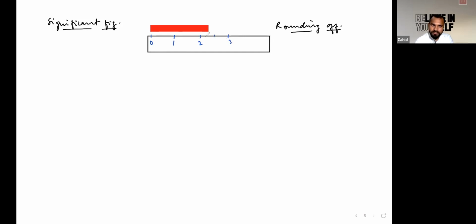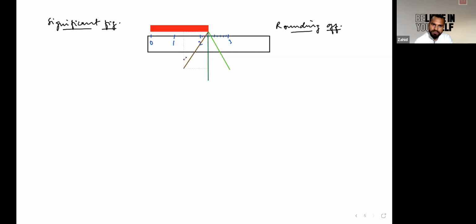So it will be 1, 2, 3, 4, and 5. Similarly, 1, 2, 3, 4, and 5. Now, some may observe this particular measurement along this line, some may observe this reading along this line, and some may observe this reading along this line.